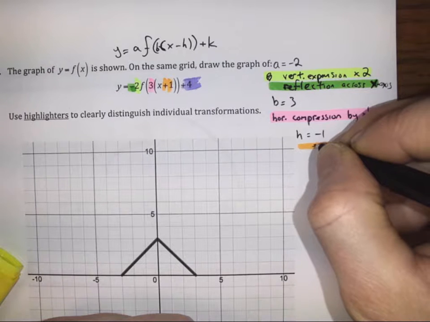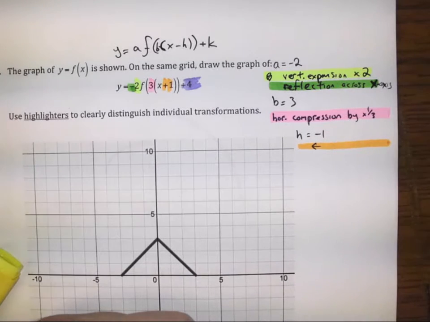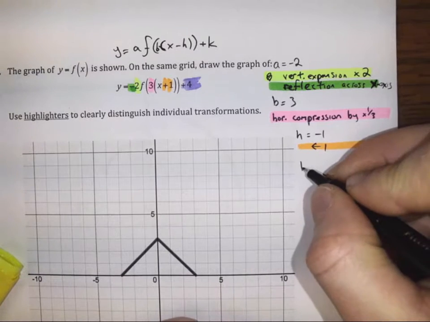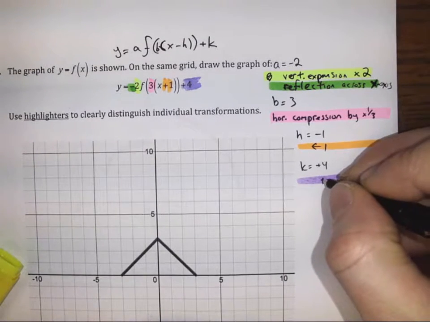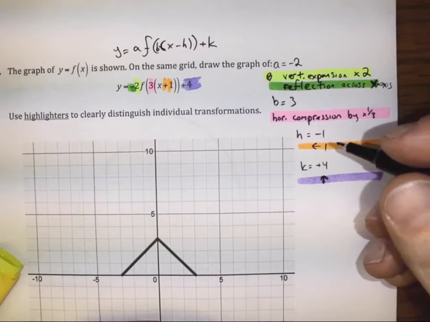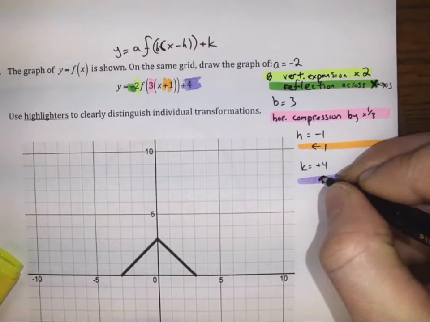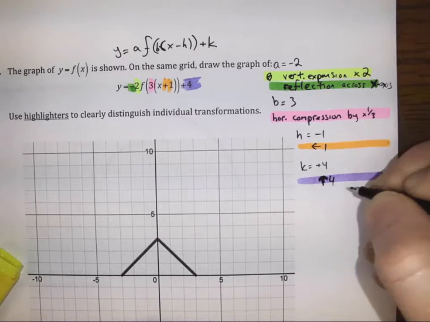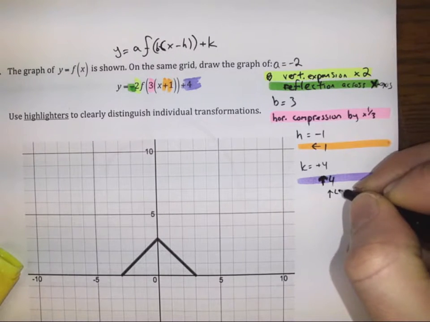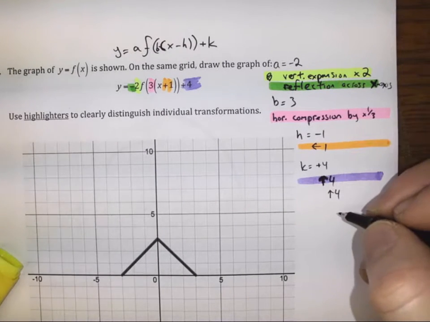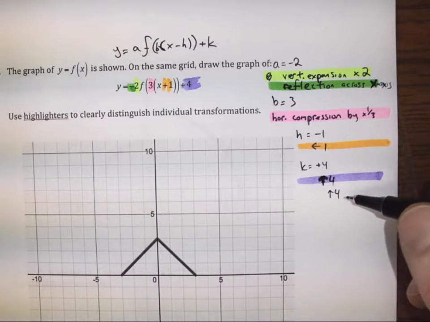I'm just going to write that as a shift to the left by 1. Then we have this k value here, which is 4, and that's going to be a shift upward by 4. It looks like with certain highlighters my pen bleeds through, so I apologize for that. I'm going to write that again up here: a vertical shift upward by 4.